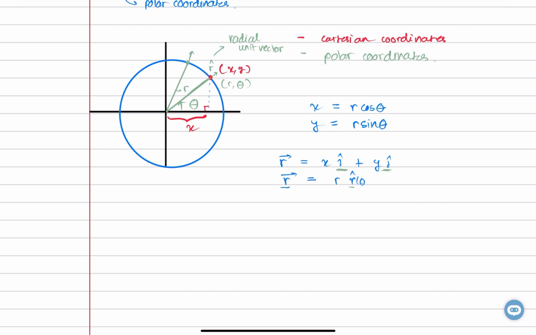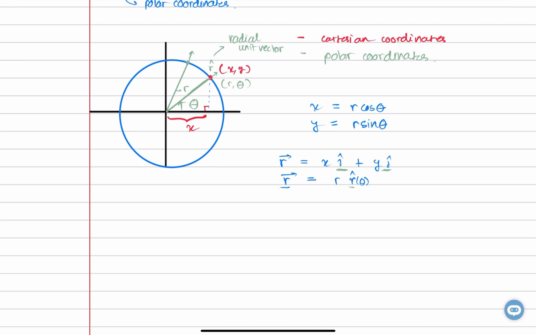I did not write that here, but more explicitly stating it, this is actually a function of theta, because as the position varies, we will be changing the radial unit vector as theta changes. So the radial unit vector itself is a function of something else. So it is again not fixed in the same way that i cap and j cap are.